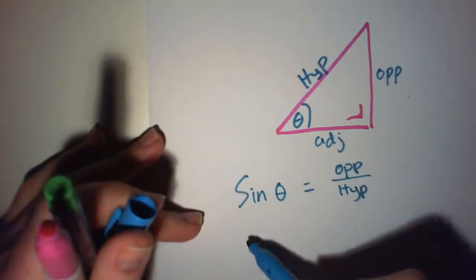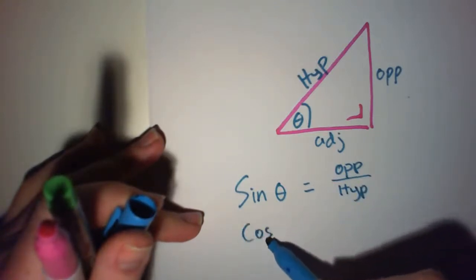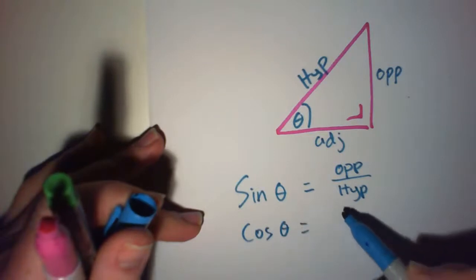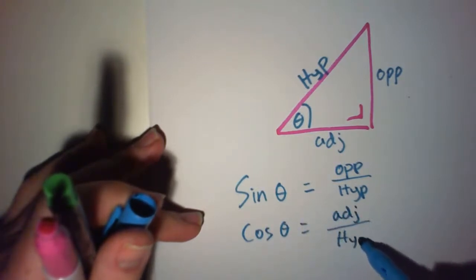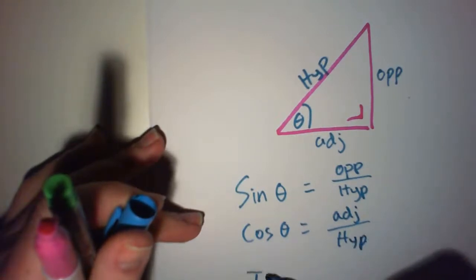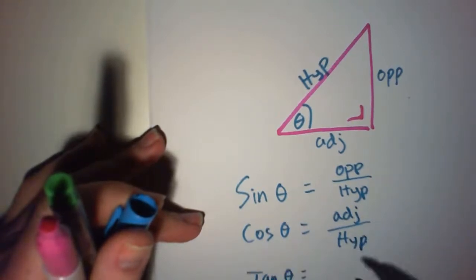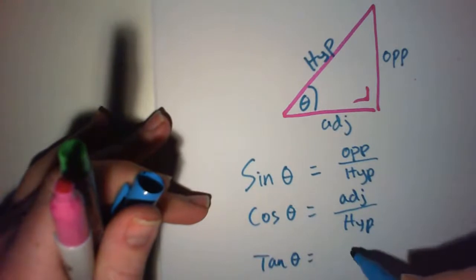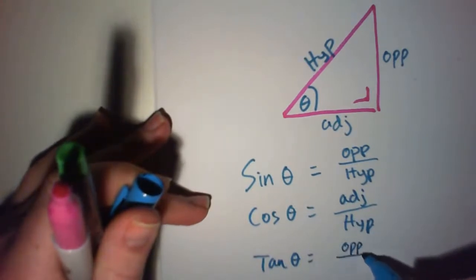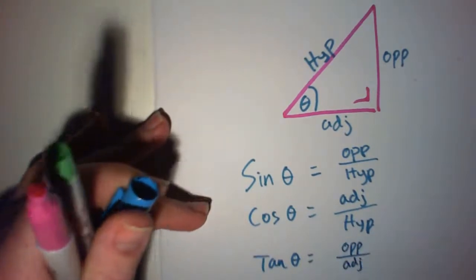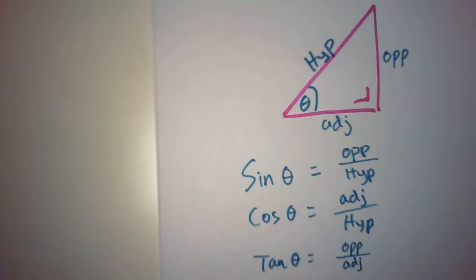Okay? Similarly, the cosine of theta is adjacent over hypotenuse. And the tan of theta is equal to opposite over adjacent. Okay? So you would have done that for the Junior Cert. There's nothing crazily new in that, in fairness to it.